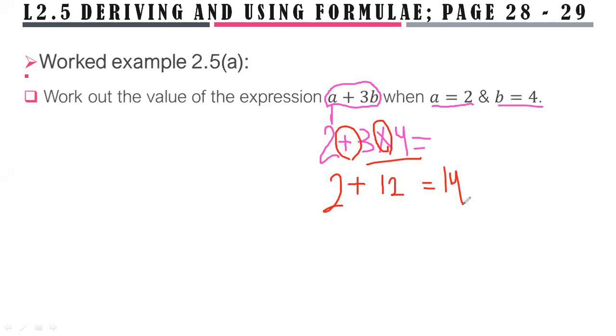No, teacher, but does a always have to be 2? No. I can change it here in the question, I, not you. For example, I can give you another example. I can tell you that the expression is a plus 3b, the same expression.